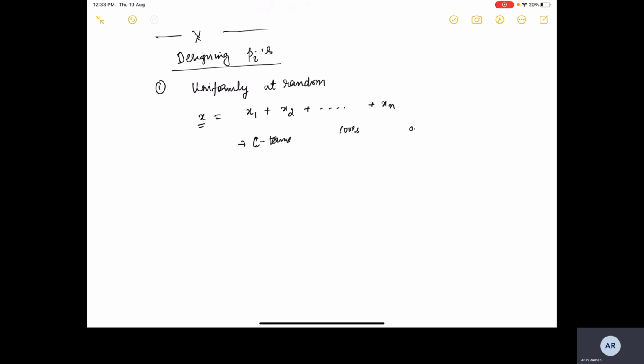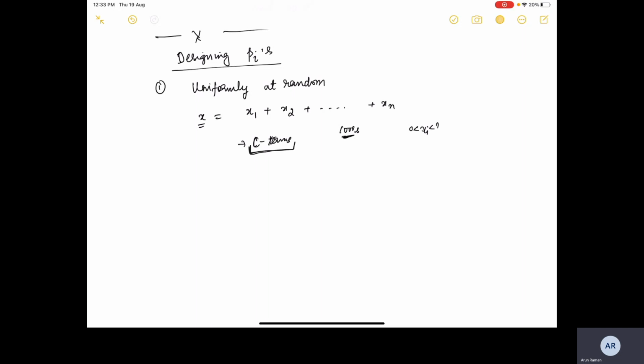If we run it once, we pick the x's whose values lie in the thousands. In the next run, we pick those x's whose values lie between 0 and 1.